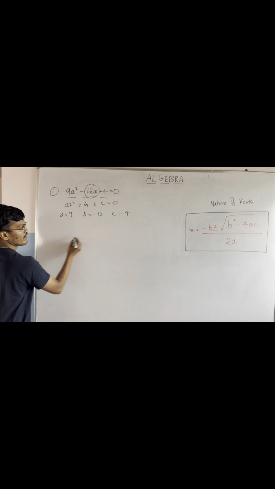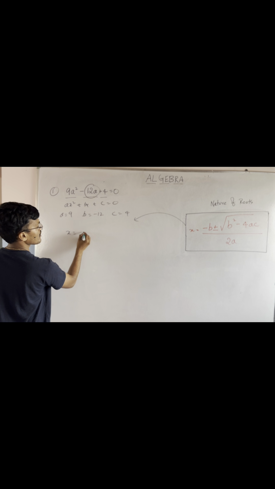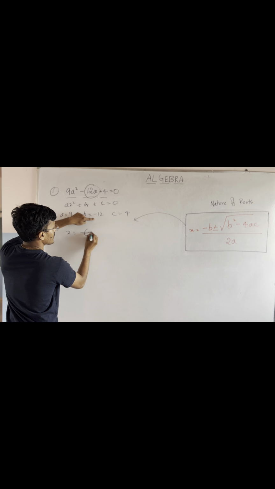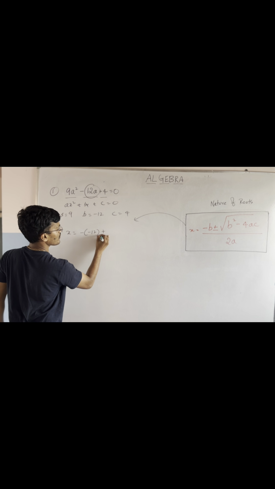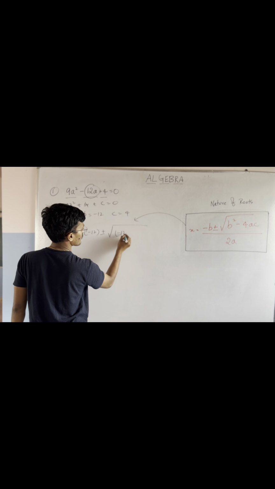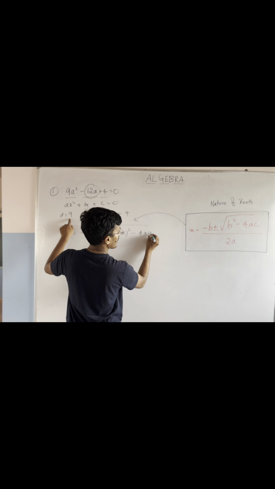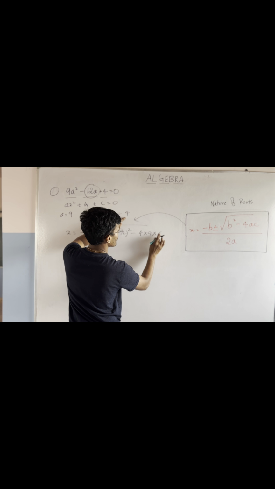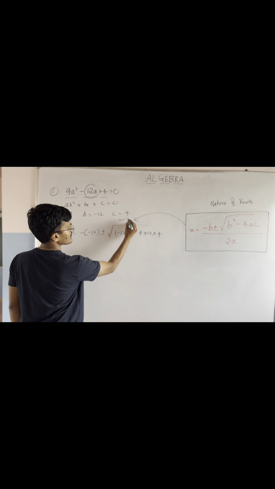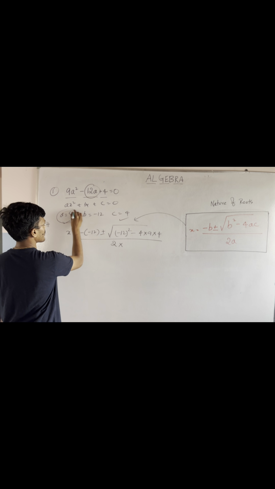Now with the help of this formula, x is equal to minus b, which is minus of minus 12, plus or minus root of b square, which is minus 12 whole square, minus 4 into a into c, that is 9 into 4, all divided by 2a, where a means 9.